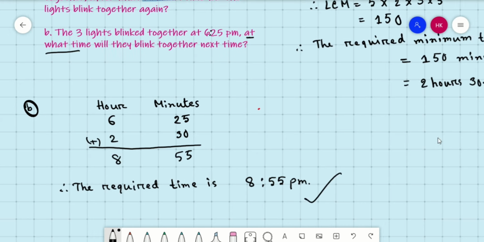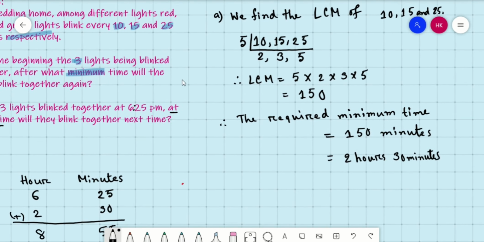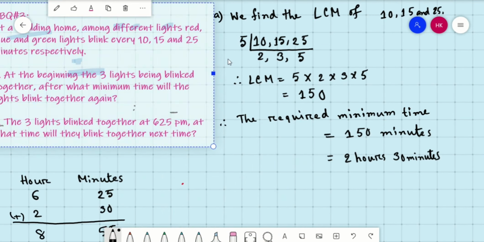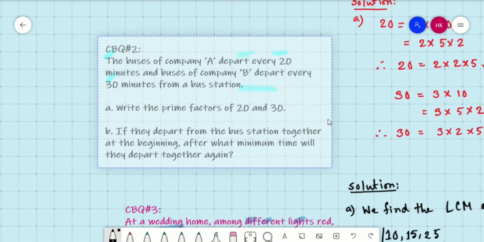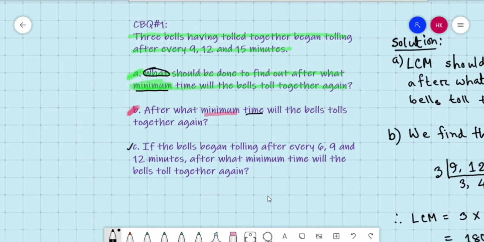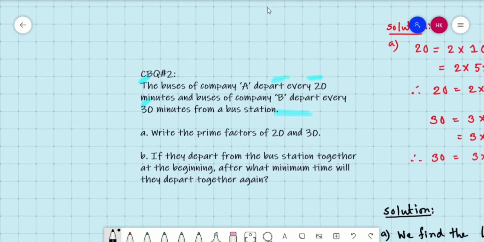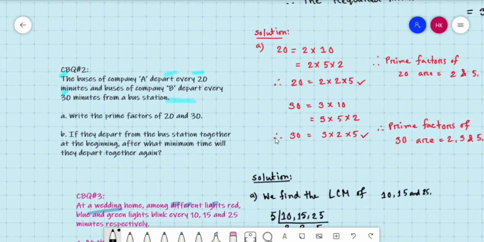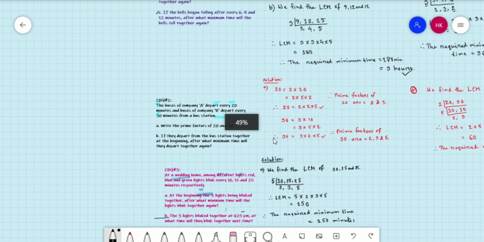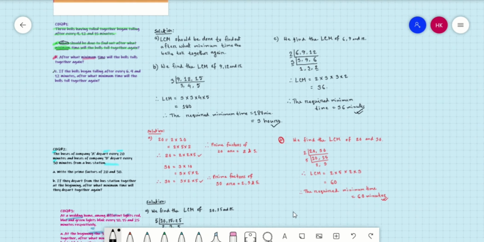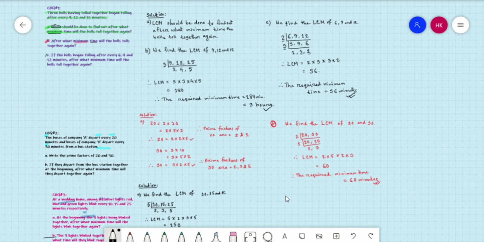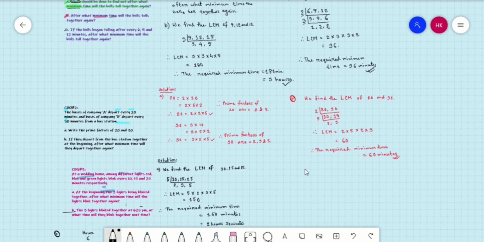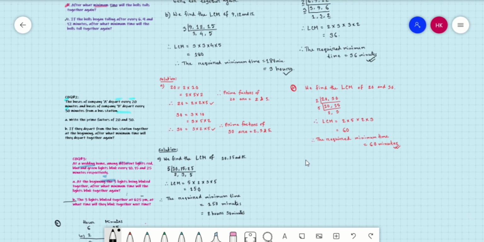Now in this class we have learned three creative questions: question number 1, question number 2, and question number 3. I hope you understand these maths very clearly, and if you practice in your home, then you will be able to answer this in your exam very correctly.